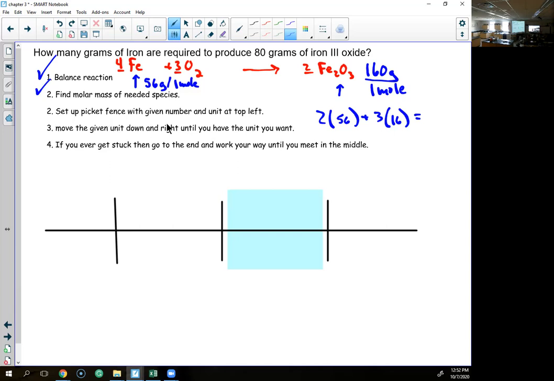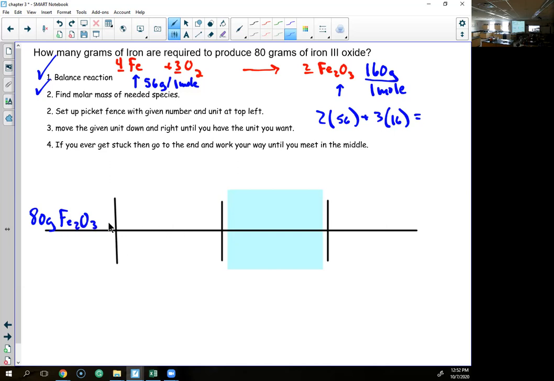Here we go. Set up a picket fence with the given number and unit at the top left. What's the given unit and number? 80 grams. Of? Please be thorough. If you put 80 grams, you don't know what goes down here.